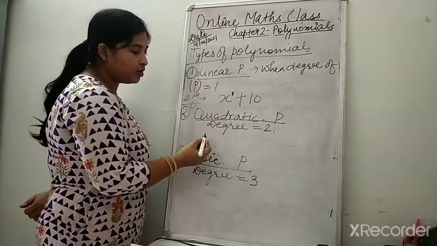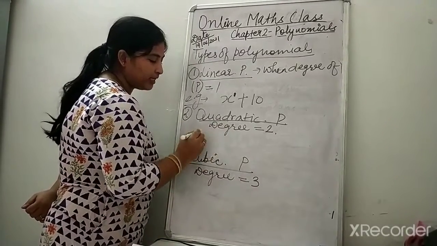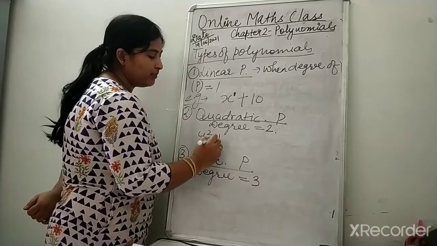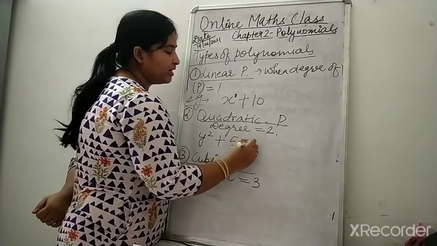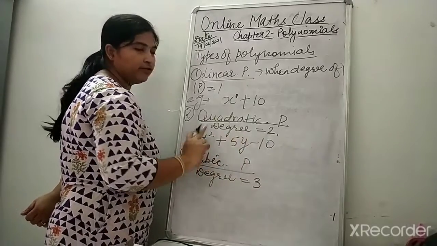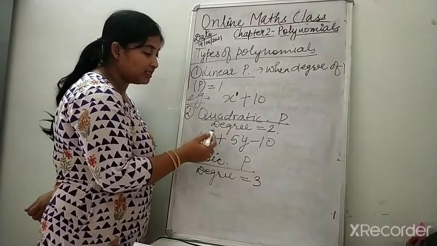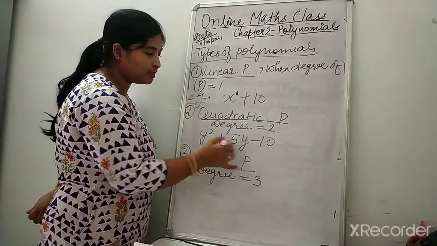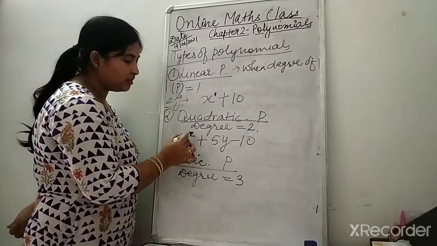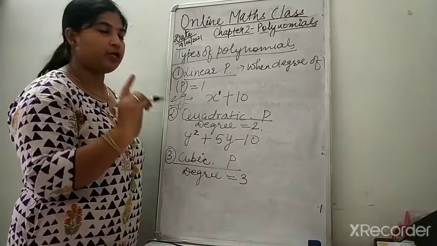Quadratic polynomial, like if I have y square plus 5y minus 10, in one variable. What is the highest power, or you can say the degree of this polynomial? You can see here this is 2. So that's why it is a quadratic polynomial.